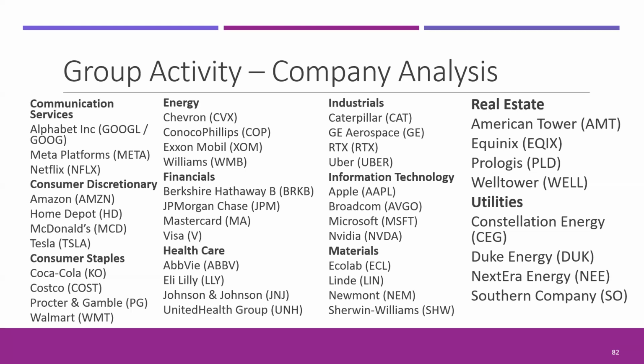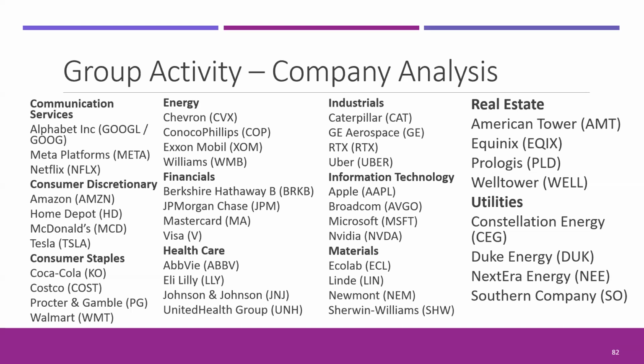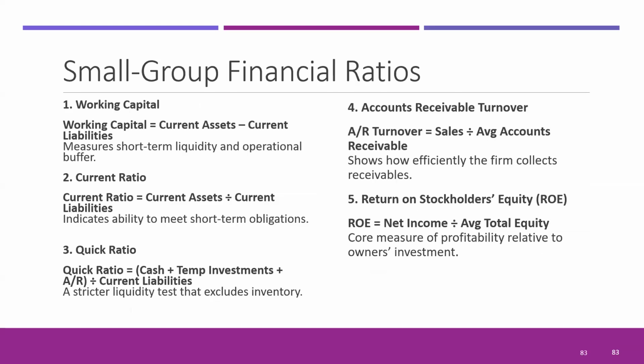What I want to do is, for each of you to pick an industry, take a look at a company, compute some basic ratios, and then compare and see what you can figure out is the narrative: what's driving these companies over the next couple of years, and what is different based on the industries. That's also why I want each of you to take a look at a particular company.